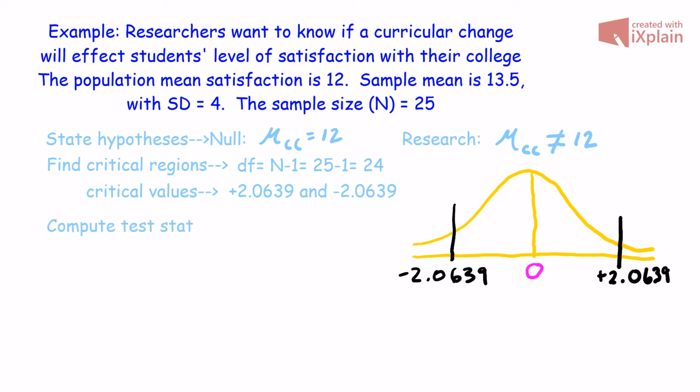The next thing to do is to compute the actual statistic. We're going to use the t-test formula. And I made a mistake there. That should be SD.